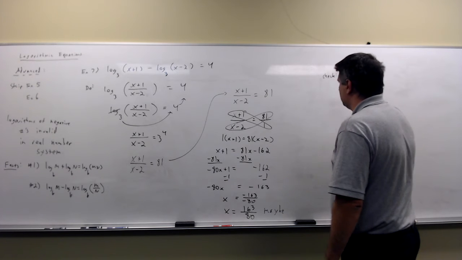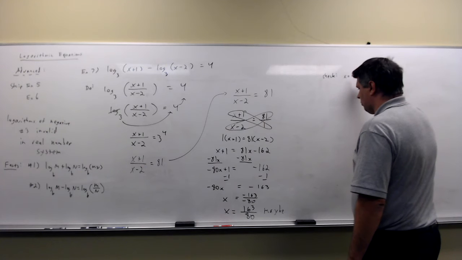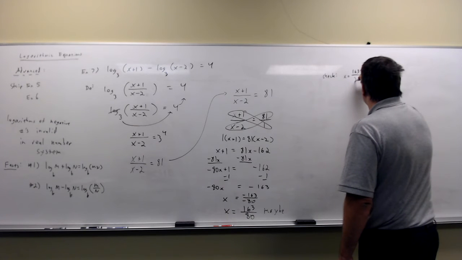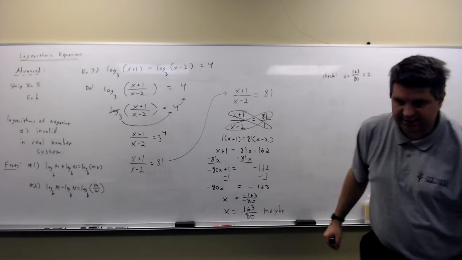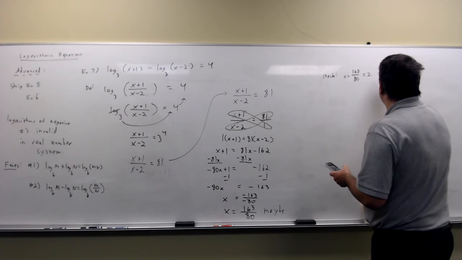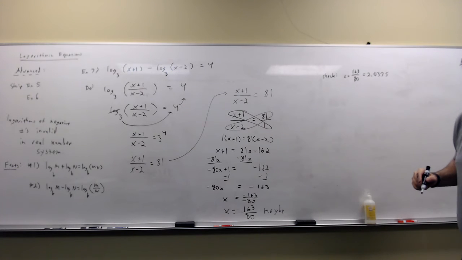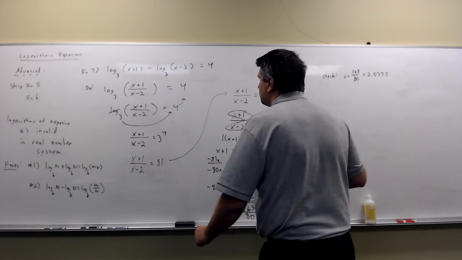Check. We'll use x equals 163 80ths, and I'm going to convert that into a decimal. So it's 2 point something. 163 divided by 80, 2.0375. Feel free to use a decimal approximation on these when we're checking.